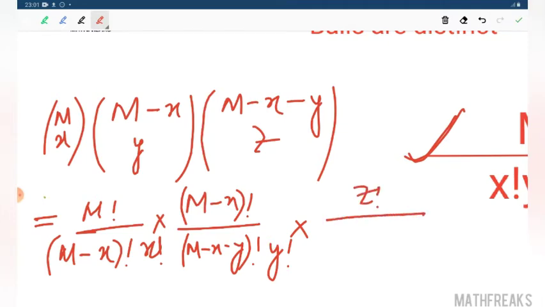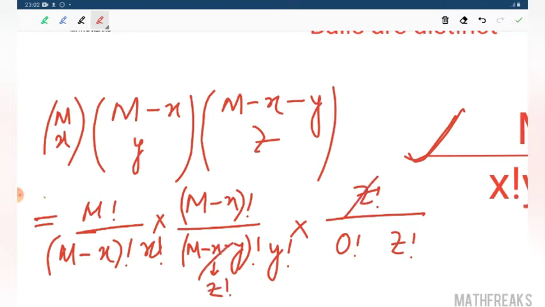Simply Z factorial over Z factorial times zero factorial. Zero factorial equals 1.